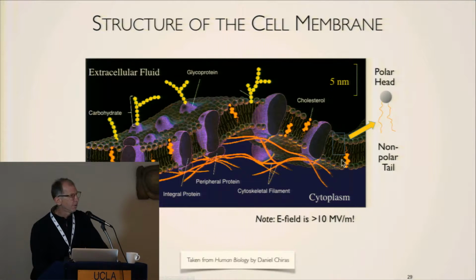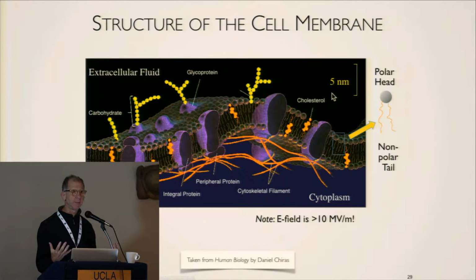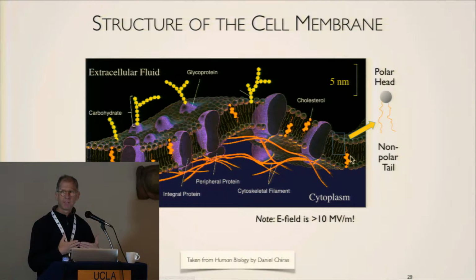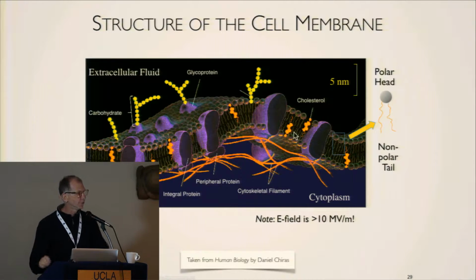When you throw this stuff all together in water and shake it, the fat tends to form bilayers in which the polar portions have high affinity for water, which itself is a polar molecule, and the non-polar tails have high affinity for each other, so they make this layer. Because the inside is made of fat, water doesn't go there, and so these end up being a pretty powerful barrier to charged particles, because charged things don't go through them.